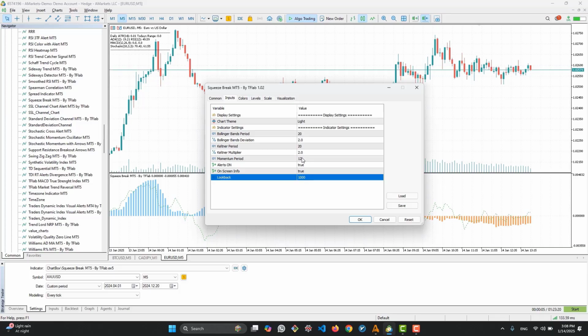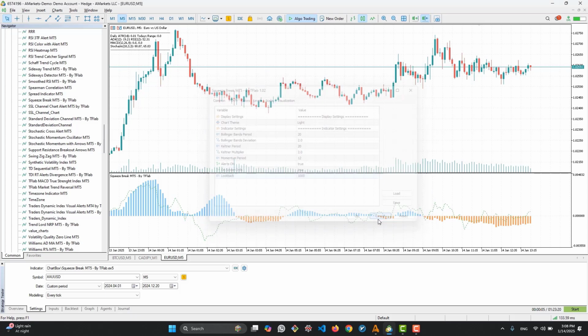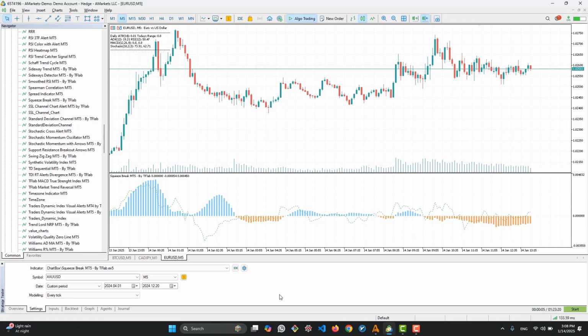And the last option is for the number of candles in the past that the calculations are based on. Now let's see a live test of this indicator on the MetaTrader 5 platform.